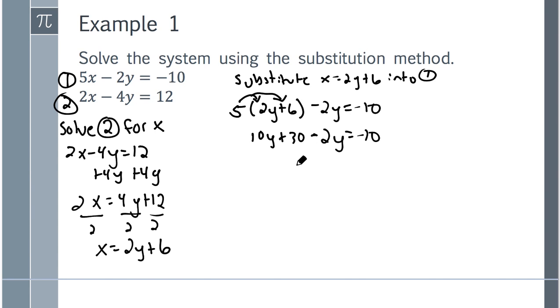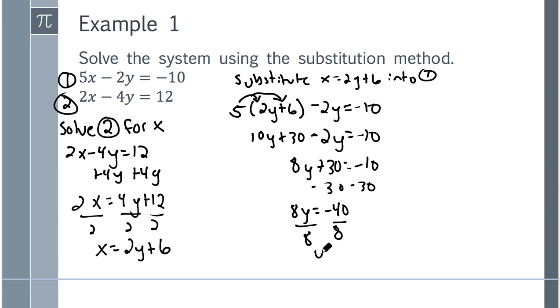Combining like terms, I have 8y plus 30 equals negative 10. If I subtract 30 from both sides, I have 8y equals negative 40, and if I divide both sides by 8, I have y equals negative 5.